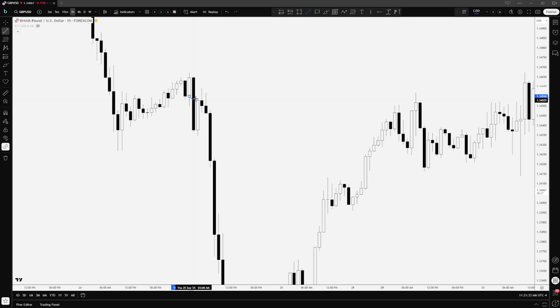So just for the sake of example, let's say this is a change in state of delivery after a bullish move, and then the next closure below the open price of the bullish candle or candles is going to be the continuation. So order blocks would signal continuation. Change in state of delivery just signals the reversal and change in momentum.